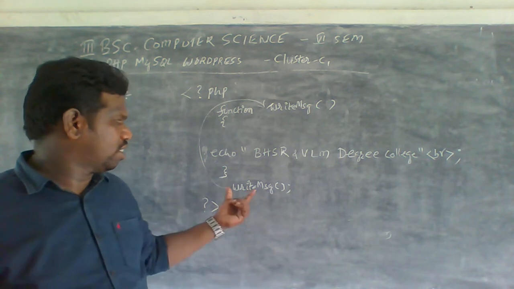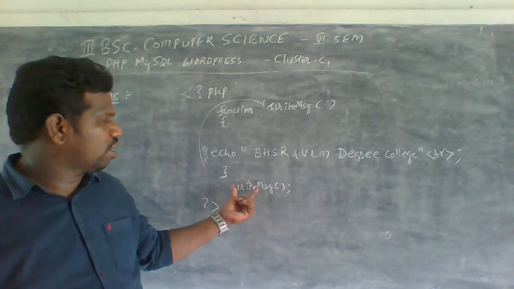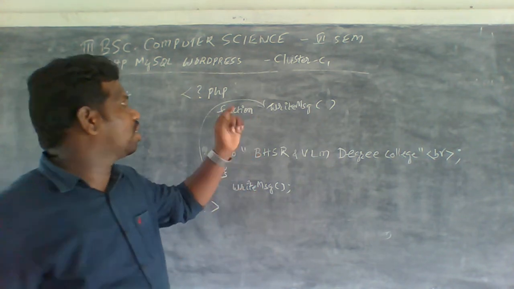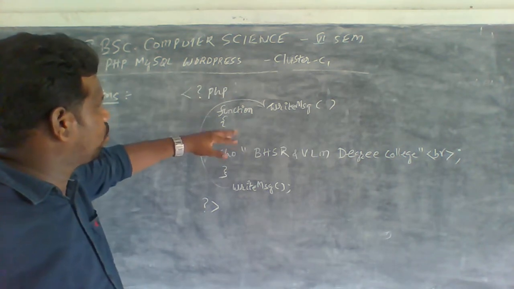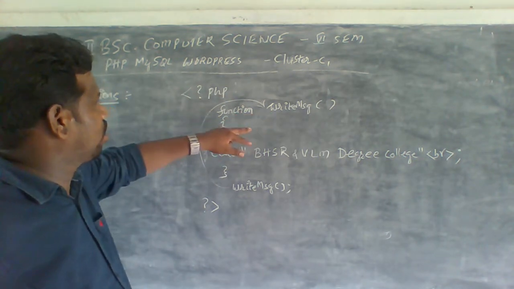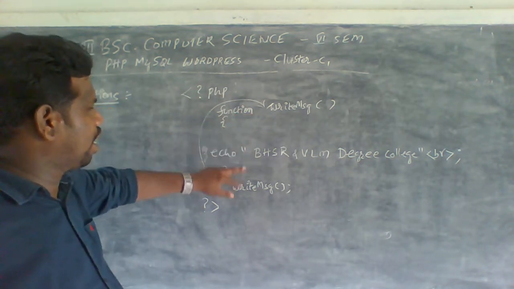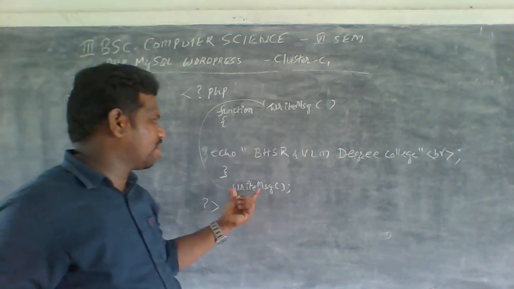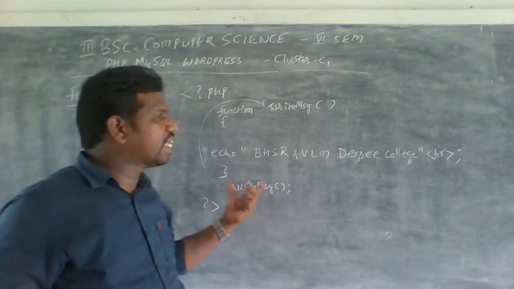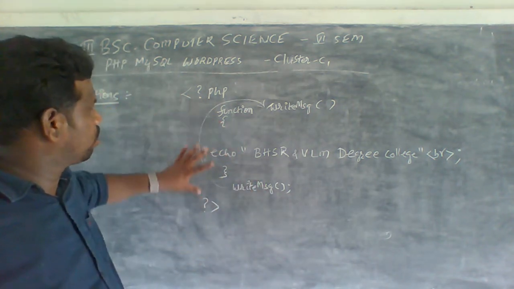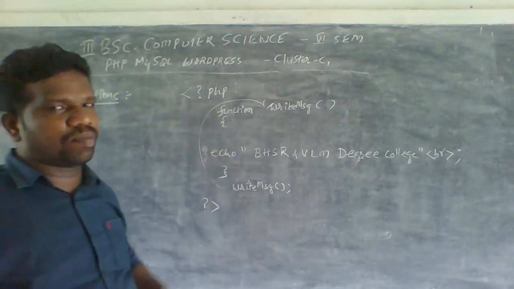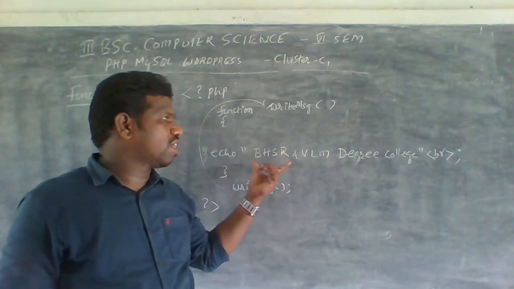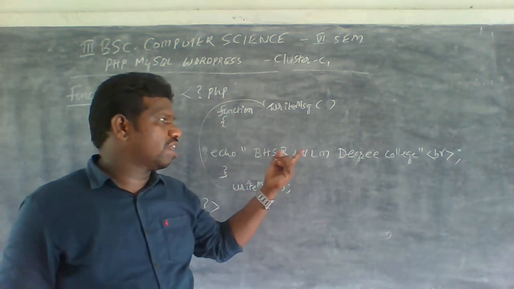In this session, there is one writeMessage call, and the program goes to function writeMessage, which is the function name being called. Between the opening and closing braces there is a statement, BHSR VLM degree college.